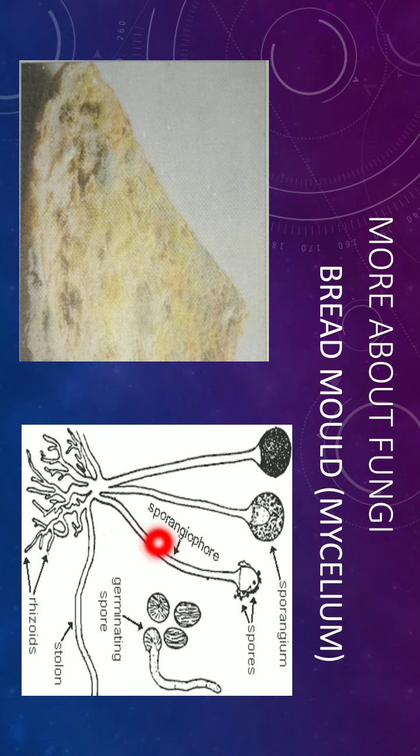In this fungus you can see thread like structures. This thread like structure is known as sporangiophore, and just above the sporangiophore, a rounded structure known as sporangium is found. Inside the sporangium, spores are found.